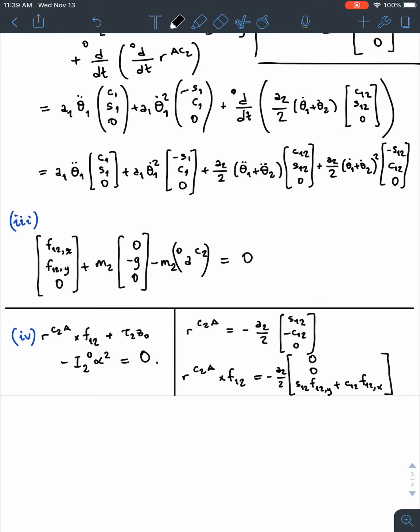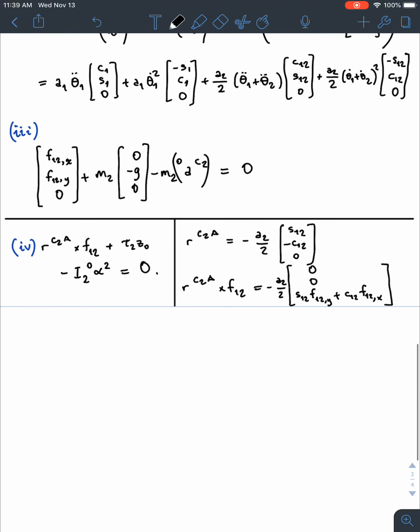Yeah, that's it. And we know that the angular acceleration of the second frame in the zeroth frame is equal to theta 1 double dot plus theta 2 double dot in the z0 direction. So I can just go ahead and write these equations now.